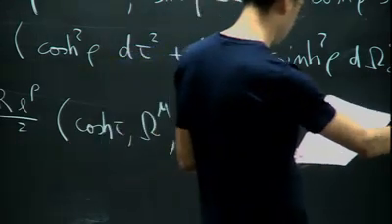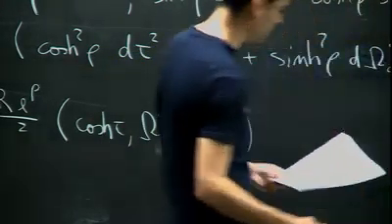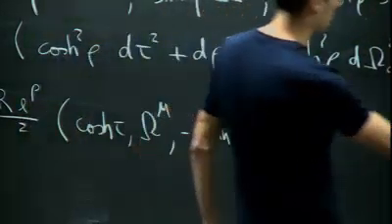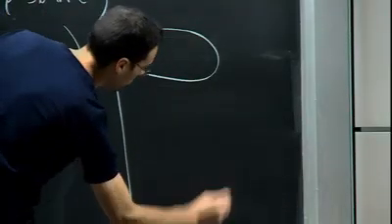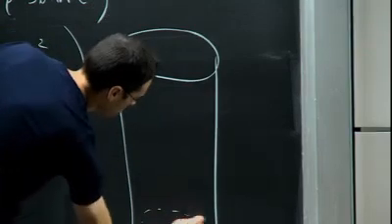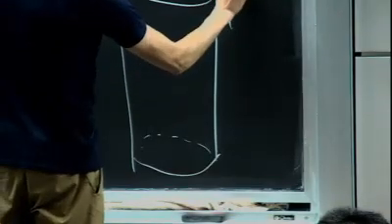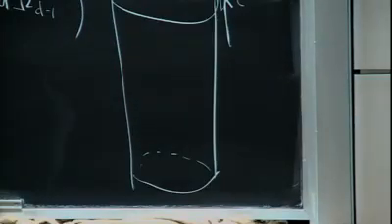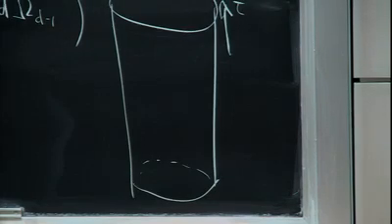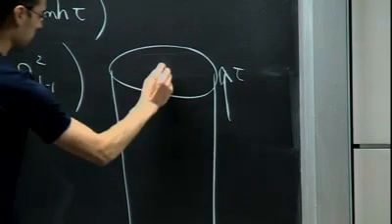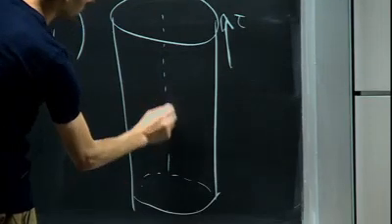Okay, I should also draw the other picture. So from this point of view, AdS should be thought of as the interior of a cylinder. Euclidean time runs upward, like you see here, but then rho equals 0 is this center.